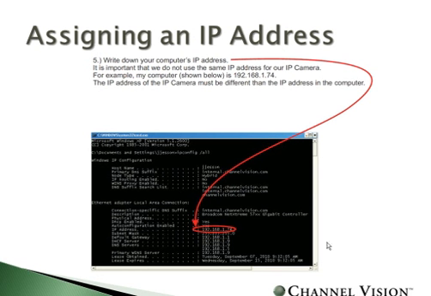You write down this IP address that's circled here, and you're only going to change the last digits. The digits on the IP configuration are called octets, and the last one is called the host. When you change the host address, that tells it that the camera is assigned this number. So write this number down. Remember, all you're going to change is the last digits.